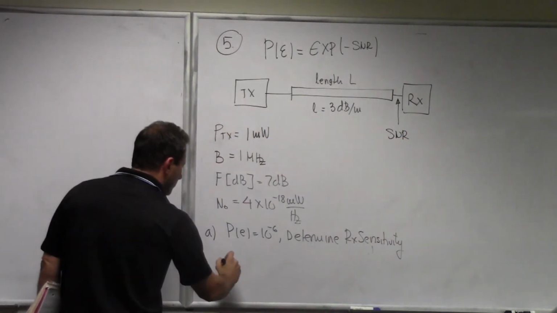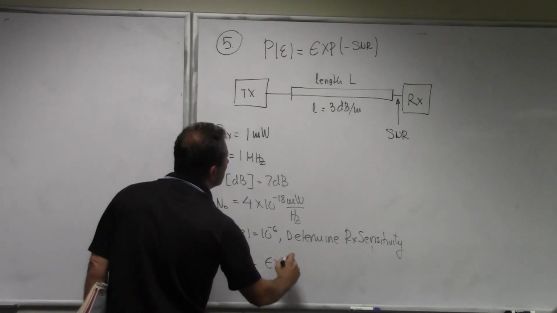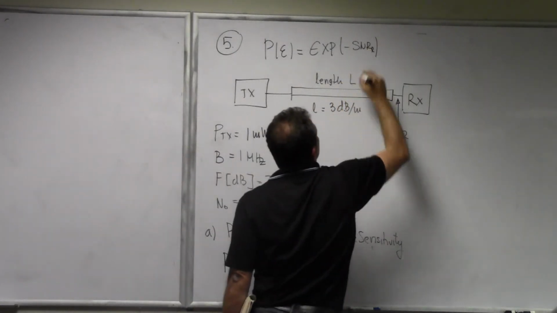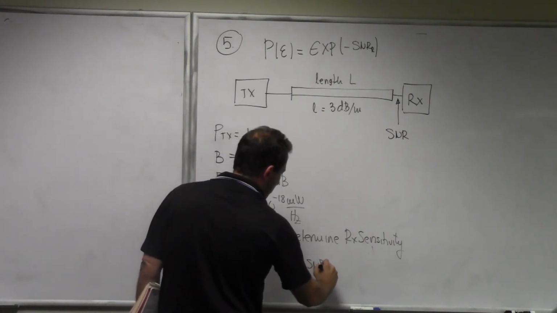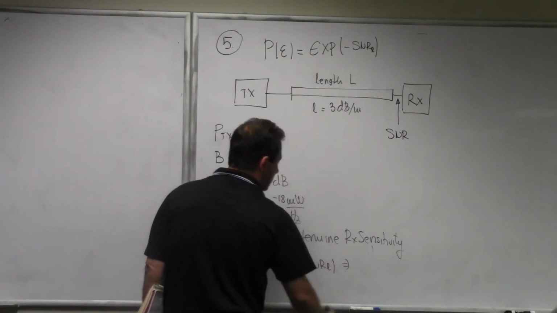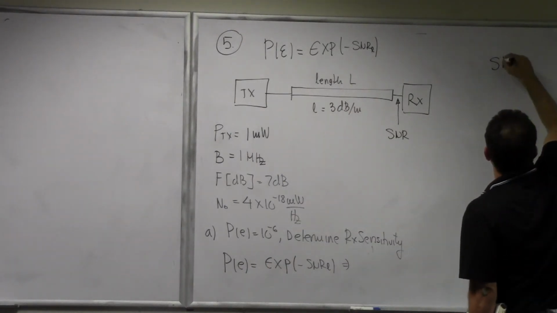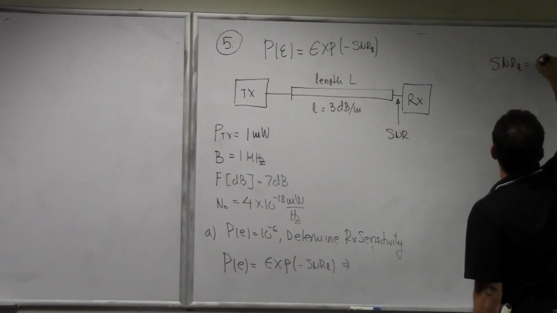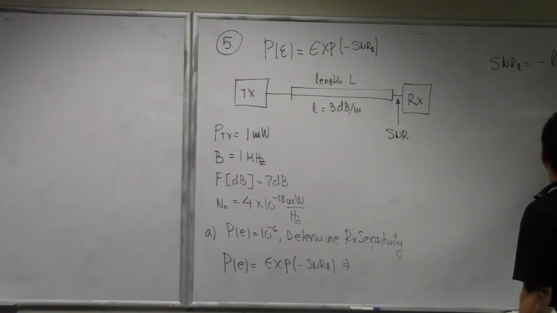Well, if your probability of error is equal to e to the minus SNR linear, if I take the log of both sides, I get that SNR in linear is going to be minus ln of probability of error.